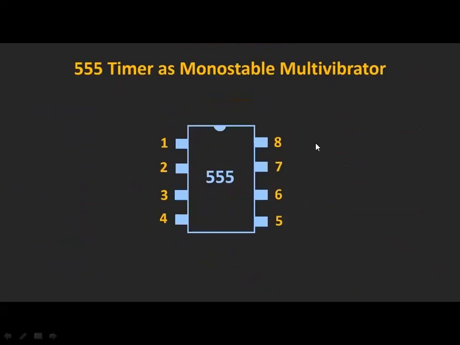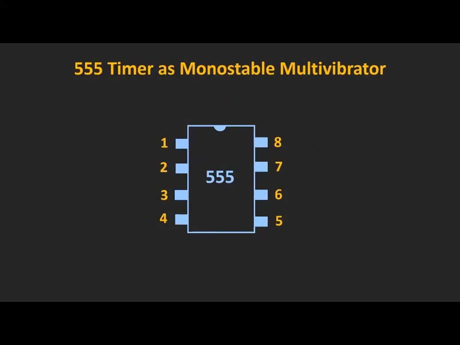The monostable multivibrator is a circuit which is going to produce a single pulse, and here we are giving an external trigger signal. As we know, the monostable multivibrator has a single stable state.